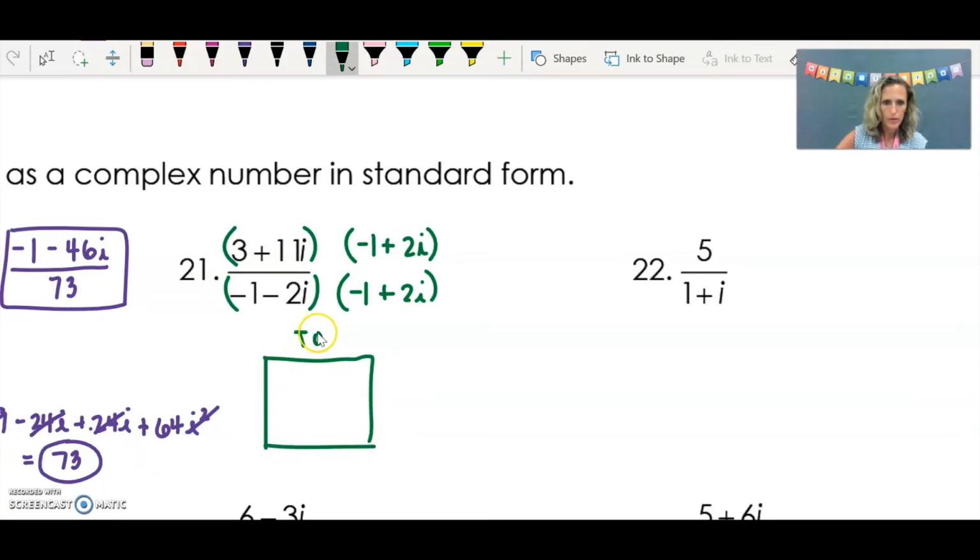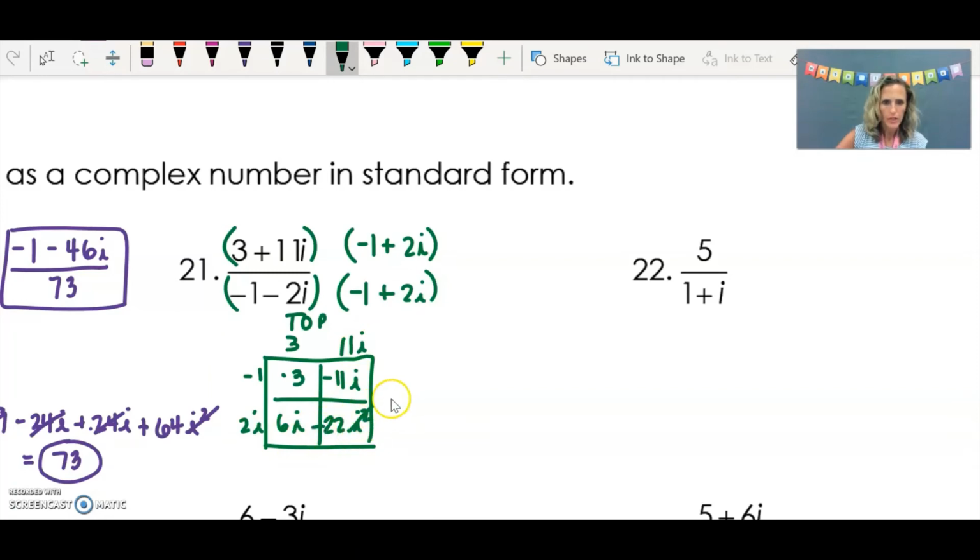This is going to be for the top. Whoops. Guess I need to leave space to write it. So my terms are 3 plus 11i and -1 plus 2i. 3 times -1 is -3. -1 times 11i is -11i. 2i times 3 is 6i. 2i times 11i is 22i squared.